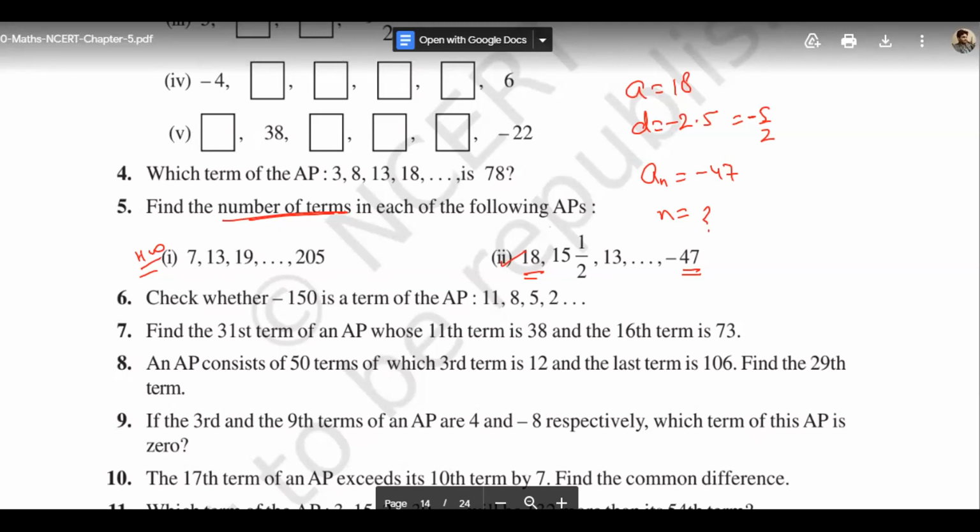Do this one, beta. What should be the value?